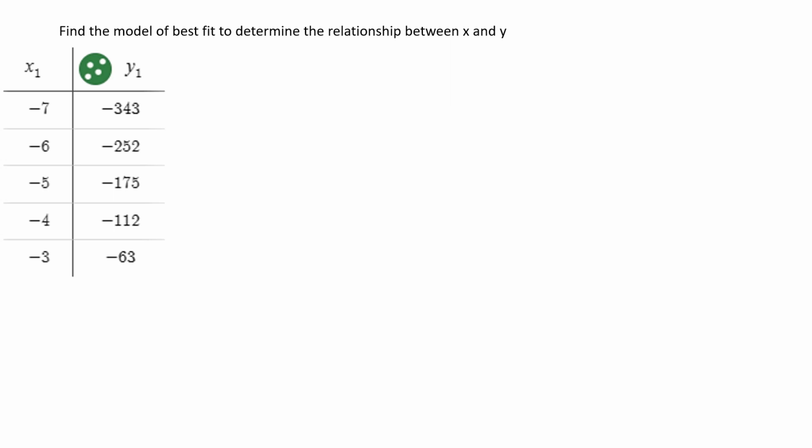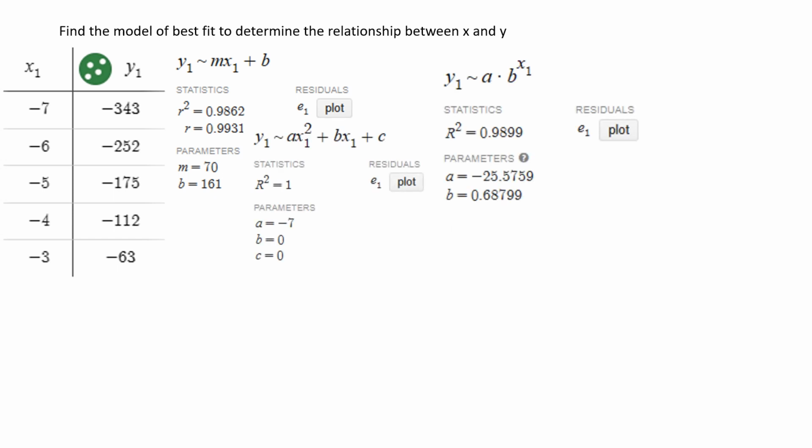Here, you've got a table now. You gotta find the model that best determines the relationship between x and y. So again, I go to decimals, plug in my models here, here, and here. I'm looking for the highest R value.